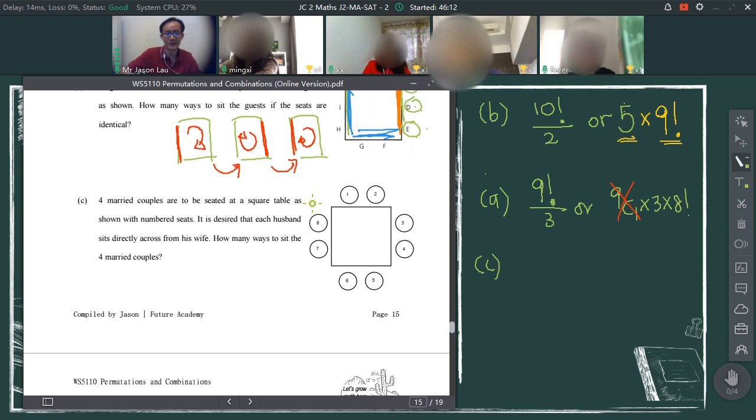Four married couples are seated at this square table with 2 seats on each side. How many ways to seat the 4 married couples? Oh, there's a condition. Each husband sits directly across from his wife.